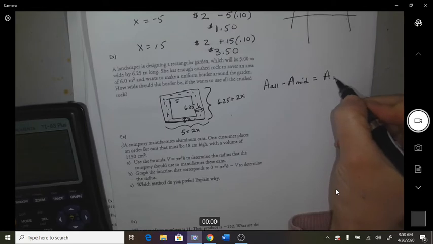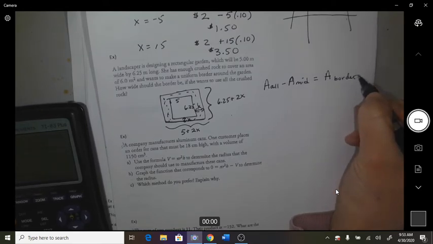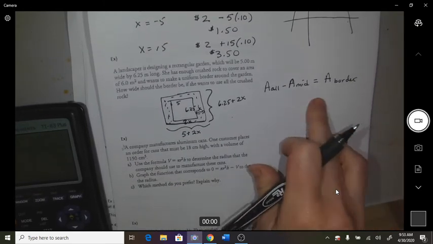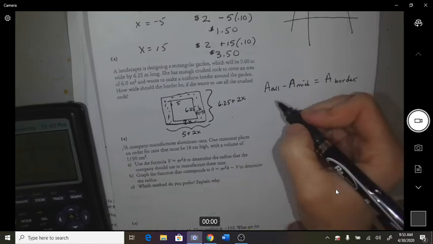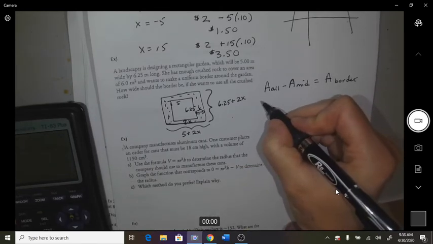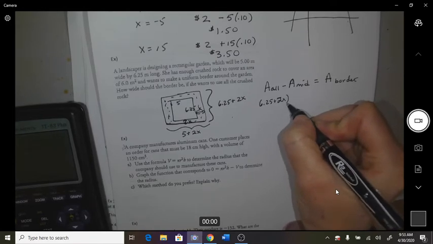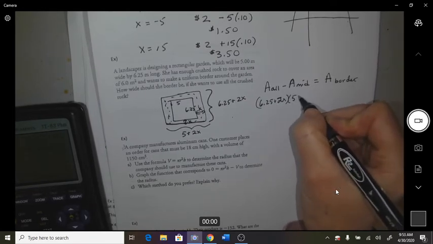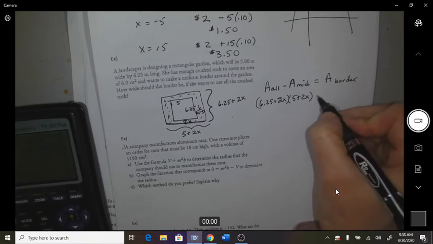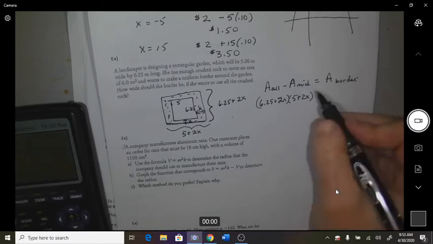Okay, so that's just me writing in words. The area of all minus the area of the middle is the area of the border. So the area of all, so length times width minus the area of the middle.